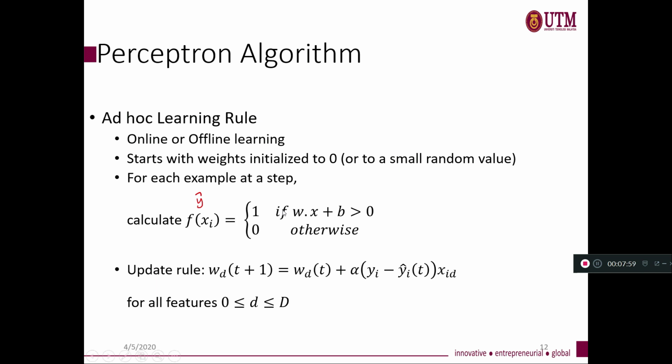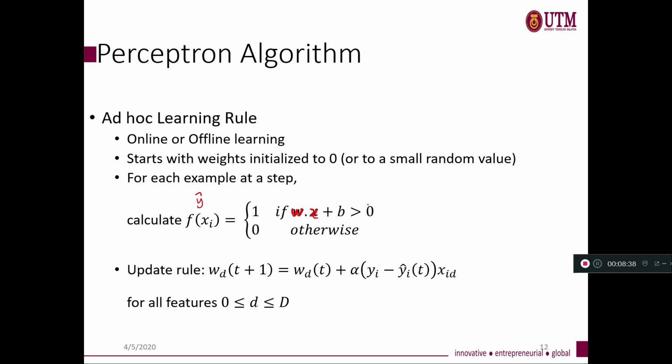Your y hat is equal to 1 if, again, this one is your linear equation. It should be a summation. If you talk about the feature, this should be a summation. Actually this should be bold. If we bold this word, it should be a vector or a matrix, meaning this matrix contains a lot of x elements and this one contains a lot of w elements.